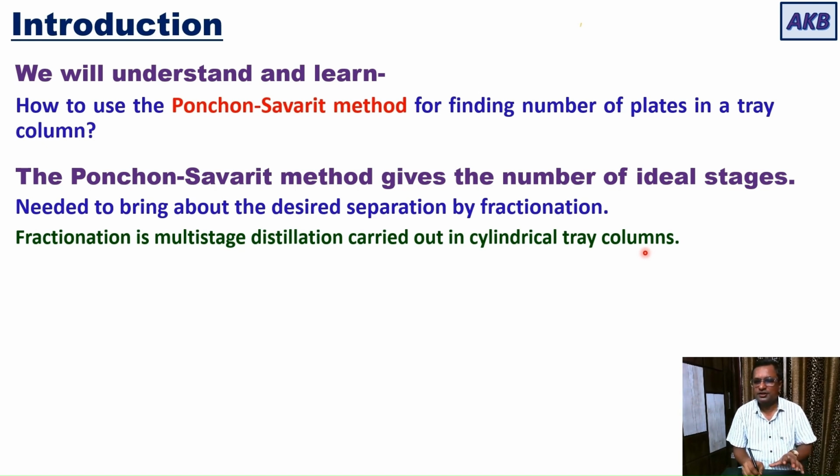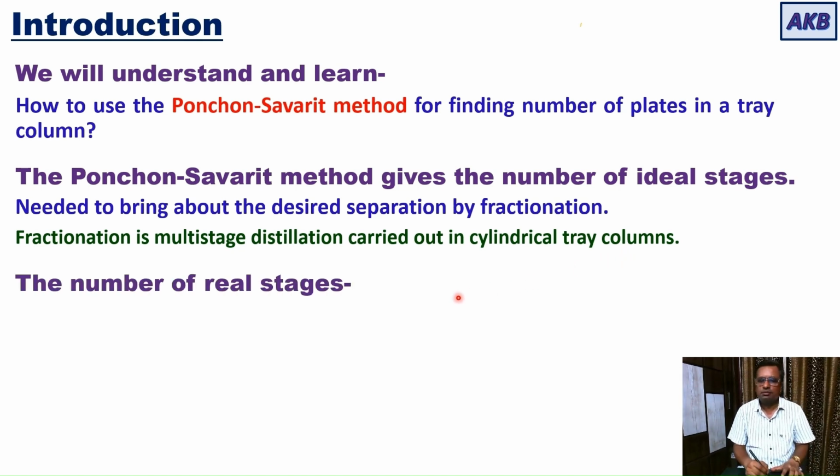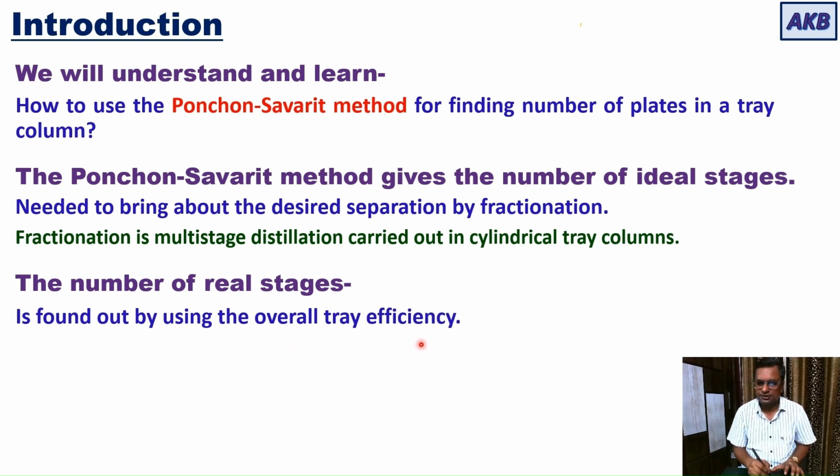So the number of ideal stages required to bring about the desired separation by fractionation, which is multi-stage distillation carried out in cylindrical tray columns. Then once you get the number of ideal stages, you can easily find the number of real stages. For that, you need to use the overall tray efficiency.